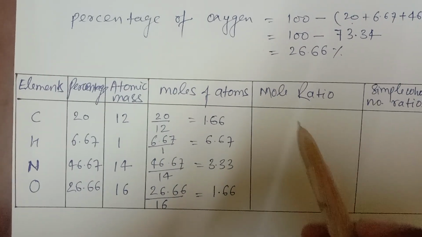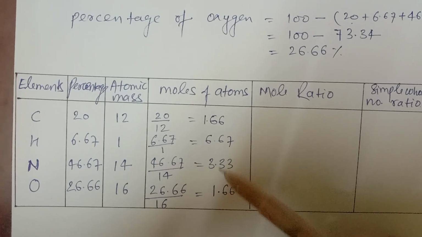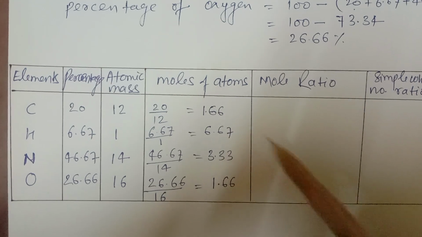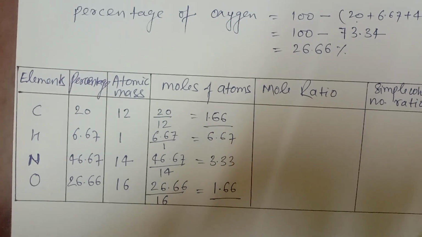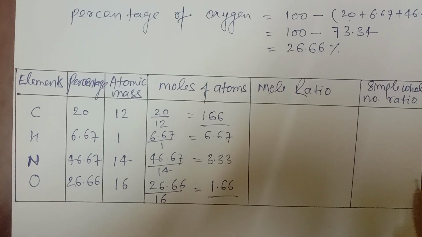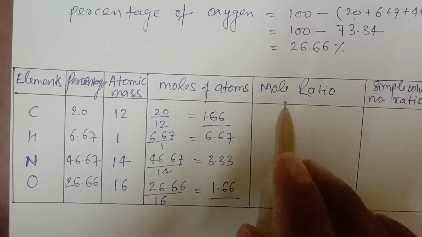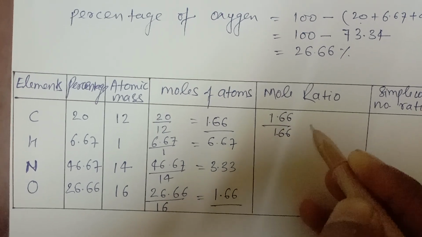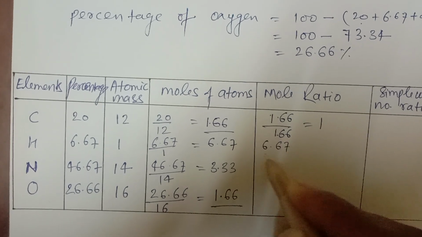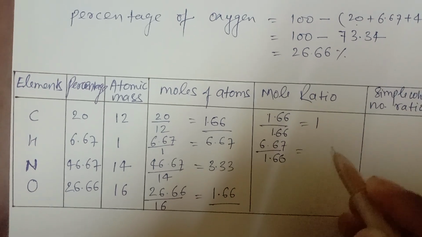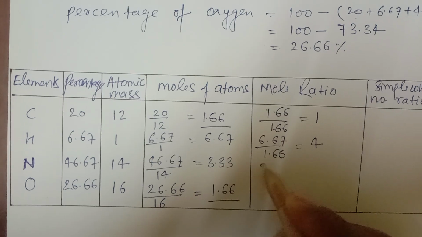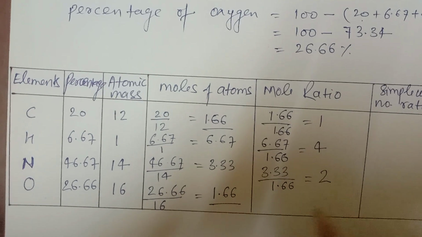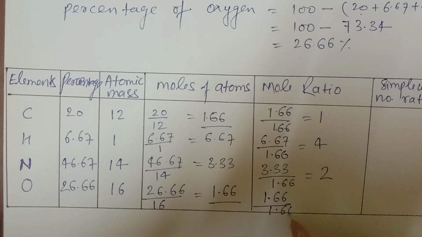Now we will calculate the mole ratio. Out of all the moles, we see which is the smallest. 1.66 is the smallest, so we divide all the moles by 1.66. 1.66 divided by 1.66 gives 1. 6.67 divided by 1.66 equals 4. 3.33 divided by 1.66 gives 2. And 1.66 divided by 1.66 gives 1.